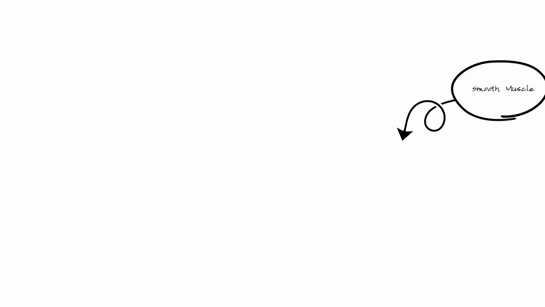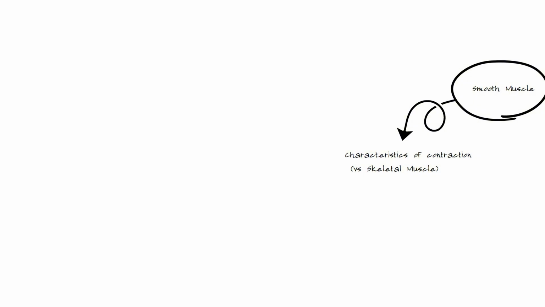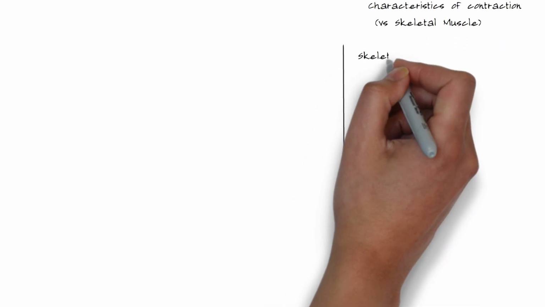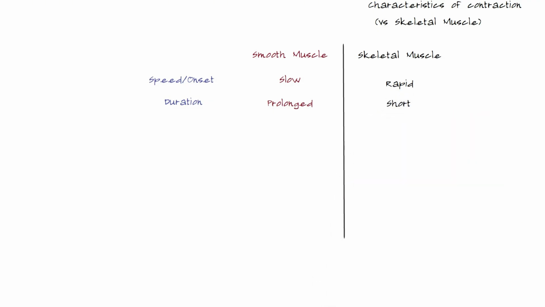Let's talk about the difference between the smooth muscle and skeletal muscle contraction. First, the speed. While the skeletal muscle contracts rapidly, the smooth muscle contracts slowly. Then the duration of the contraction for the skeletal muscle is short, while for the smooth muscle it is prolonged.